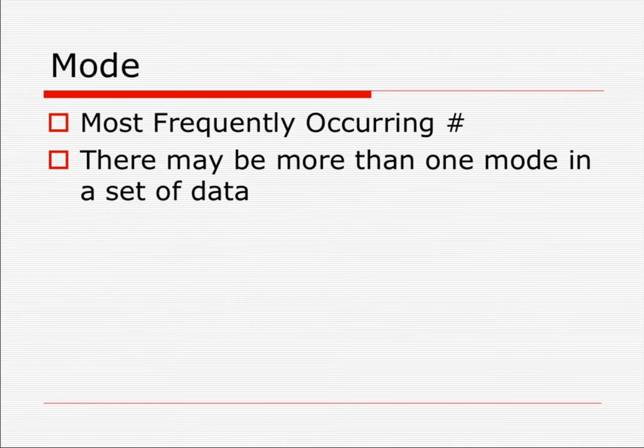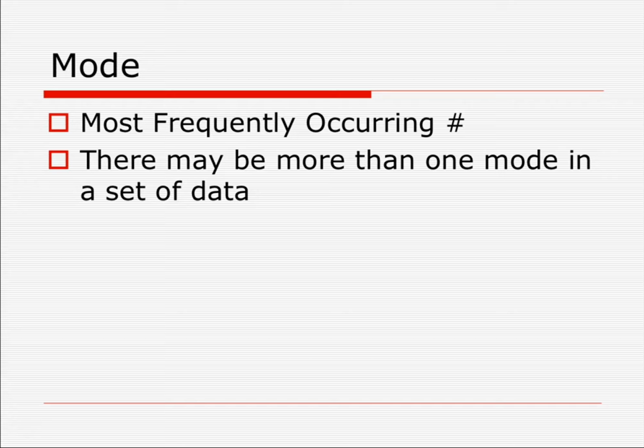Mode is the most frequently occurring number, and there may be more than one mode in a particular set of data. So keep that in mind. Mode is the most frequently occurring number.